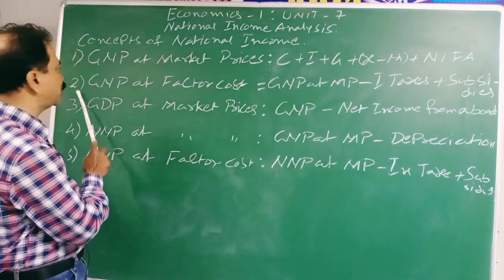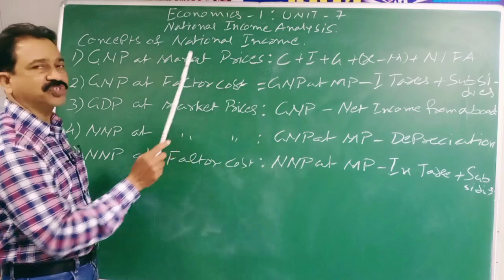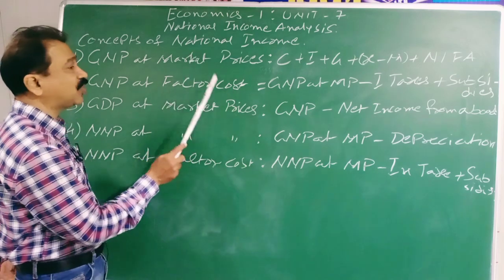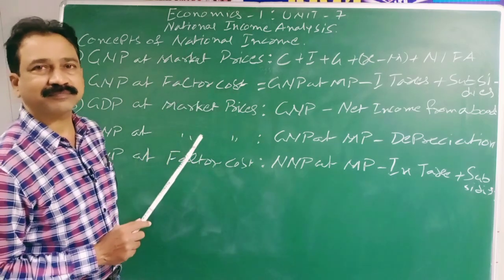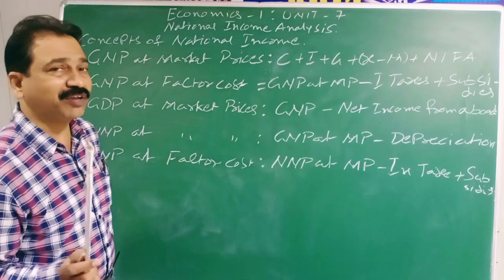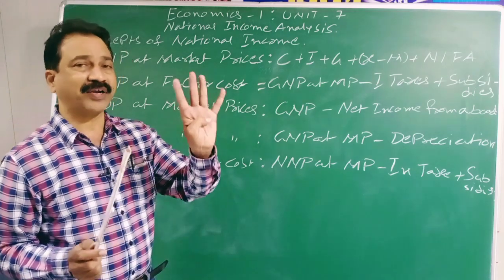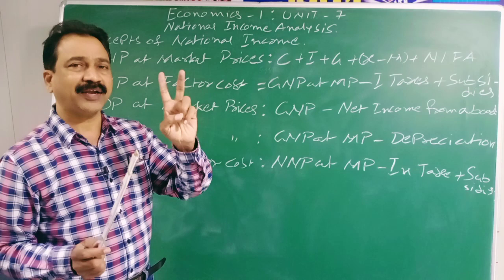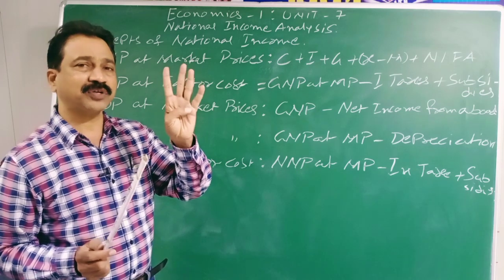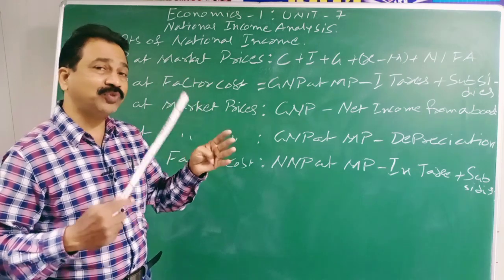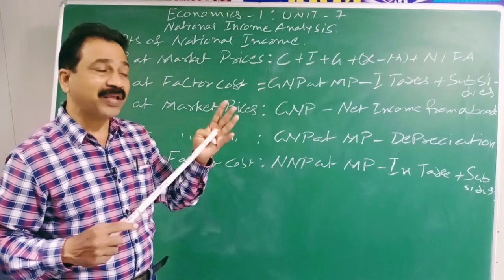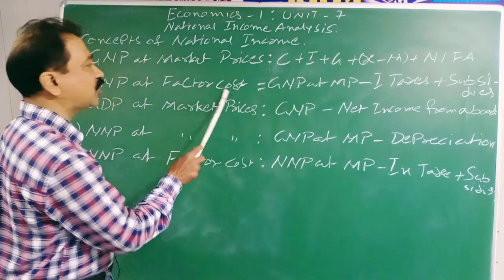Now, we will go to the GNP at factor cost. What is meant by factor cost? Factor cost means, as we have already seen, there are 4 factors: land, labor, capital and organization. Whatever money is paid to these 4 factors is called factor cost.